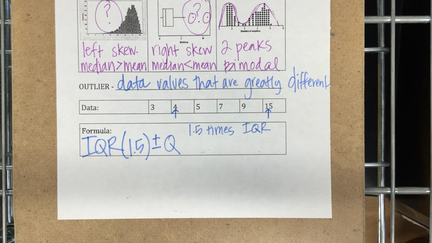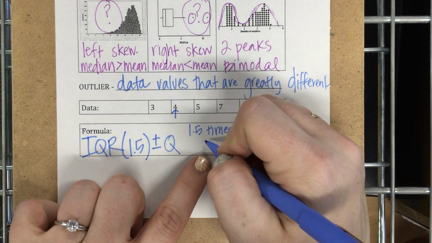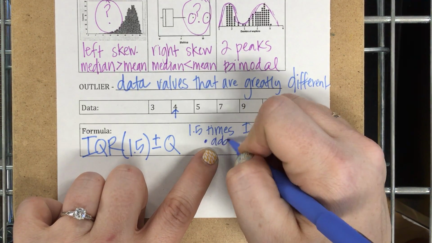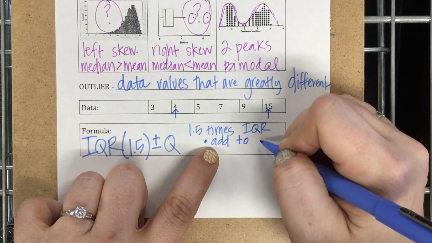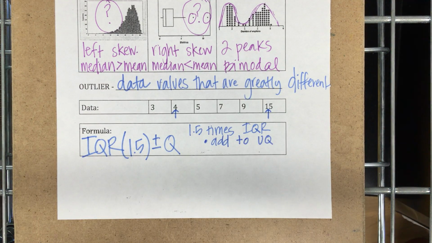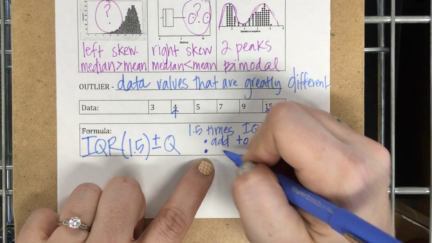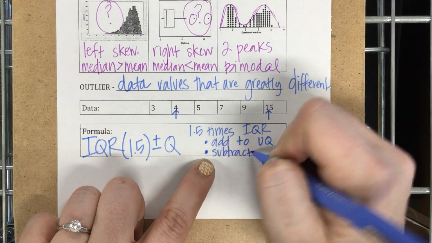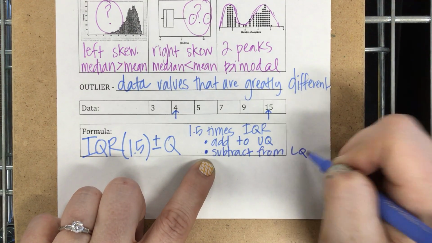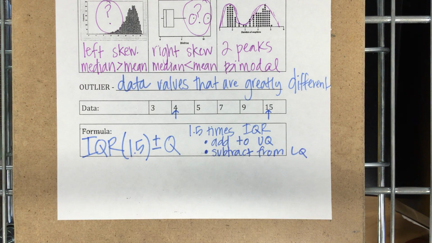Let's pretend that answer is 2. Then I add that number to the upper quartile and get an answer. And I subtract that number from the lower quartile. So I find my interquartile range. I multiply it by 1.5. I add that value to my upper quartile, and I subtract that value from my lower quartile. This is the range that tells me what can be considered an outlier.